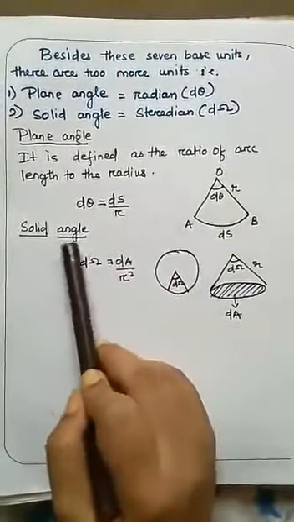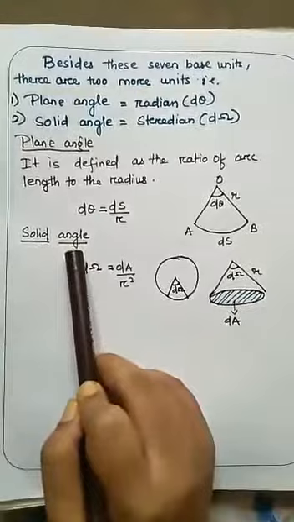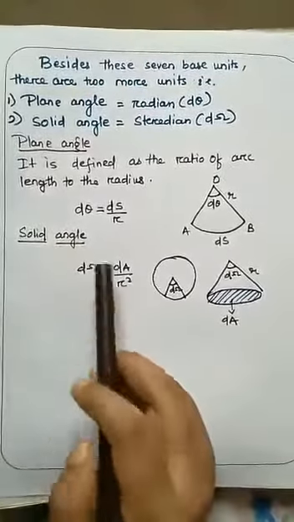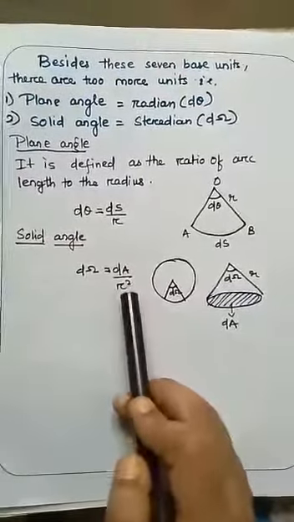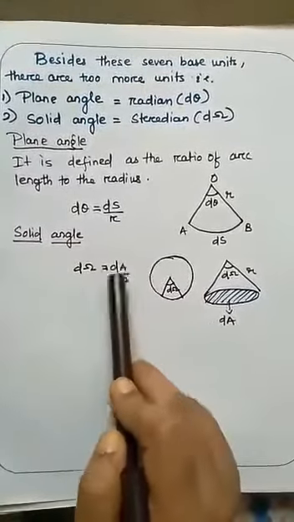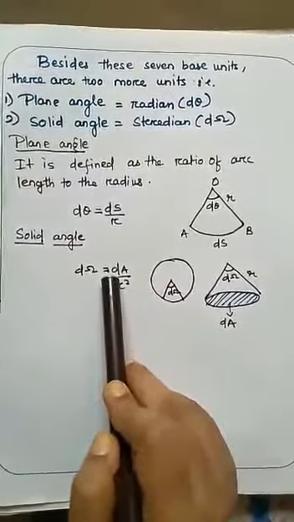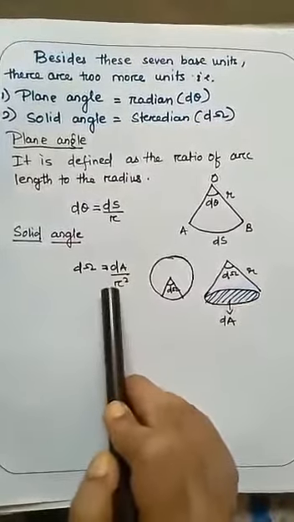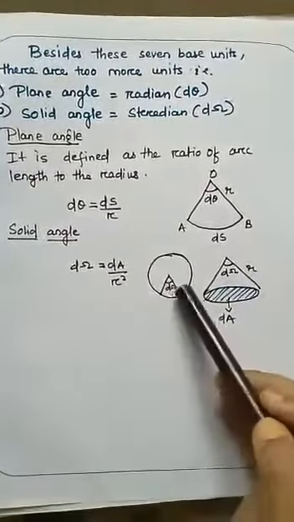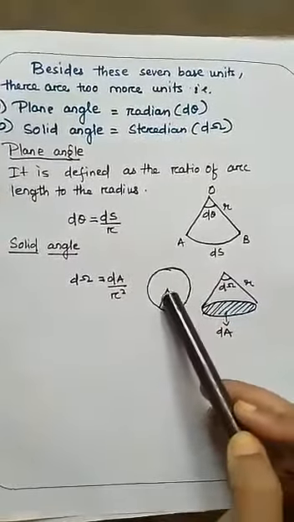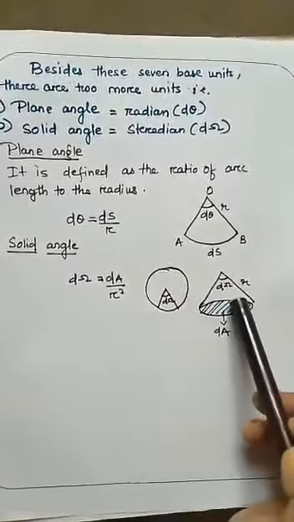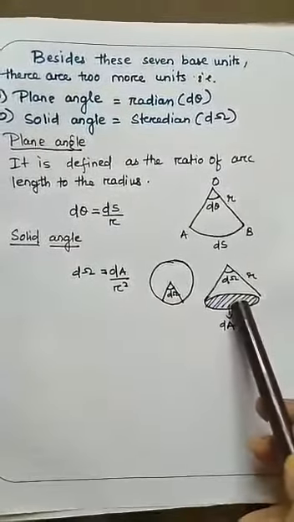Next one is solid angle, which is new to you. It is dΩ, which is equal to dA/r². dA is a small portion of the area, divided by length squared. If I take a sphere and cut a cone from this sphere, it will look like this.